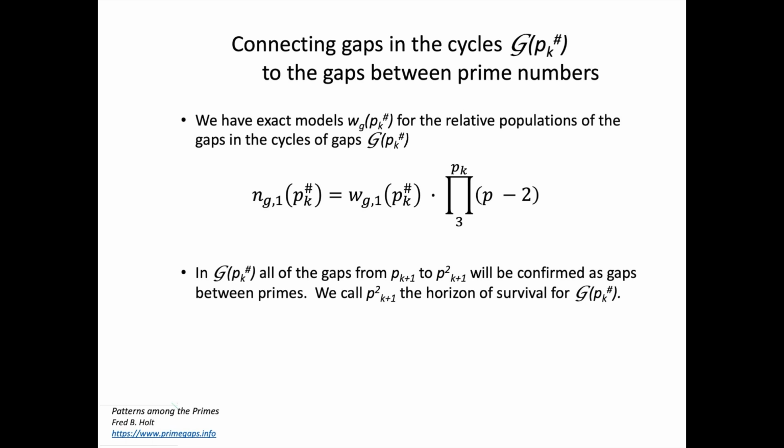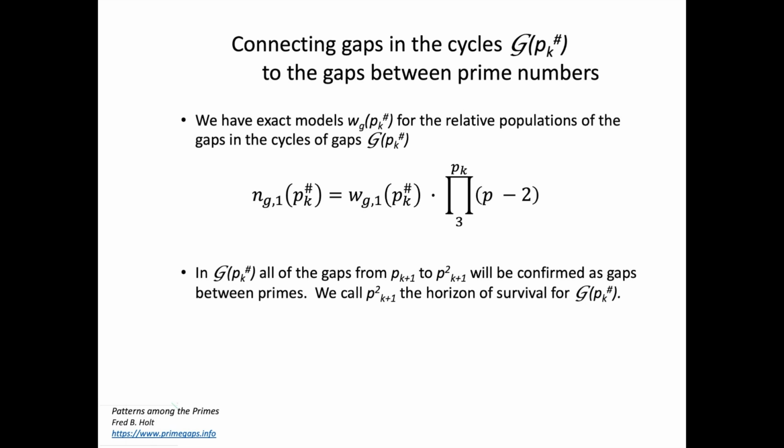Here's where we are. We now have exact models, these functions W, for the relative populations of the gaps in the cycle of gaps. So the raw population for a gap in that cycle is the relative population times the super-exponential growth.